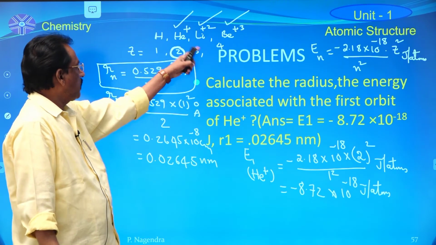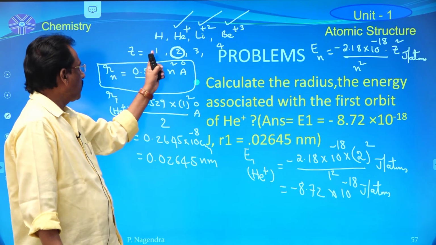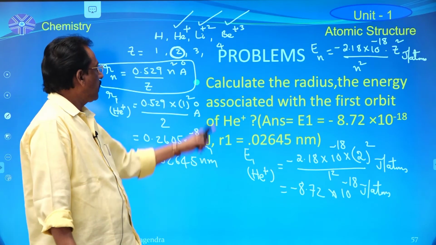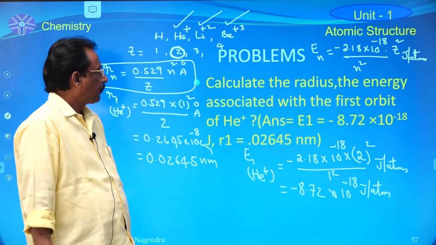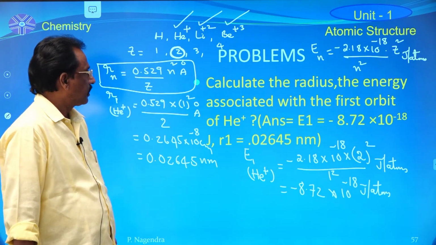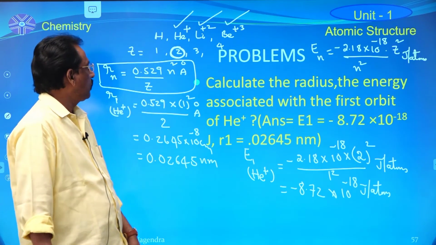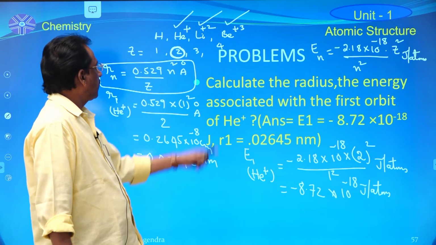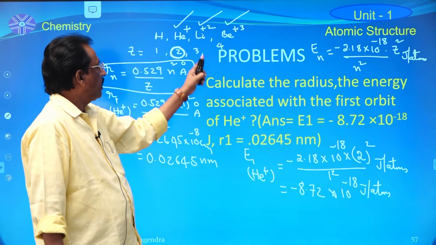For these three ions, substitute Z. So finally, radius of the orbit, energy of the orbit is applicable to hydrogen like ions like He plus, Li plus 2, beryllium plus 3.